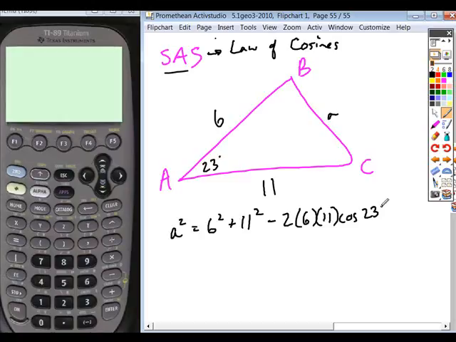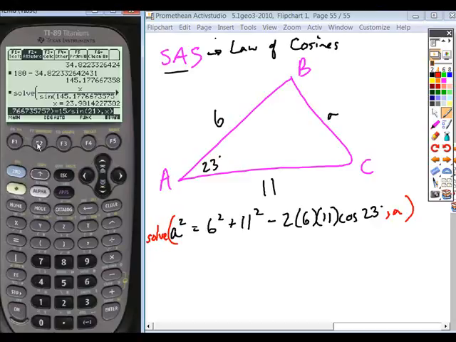And so this winds up being a real easy calculation because it fits perfectly into the solve feature. All you have to do is type the equation as it is. Our unknown is a side. The calculator will solve this by square rooting both sides. It'll do all those calculations for you. So we can simply type this in. To solve, I'm going to replace a with an x just to make it easier to type in.